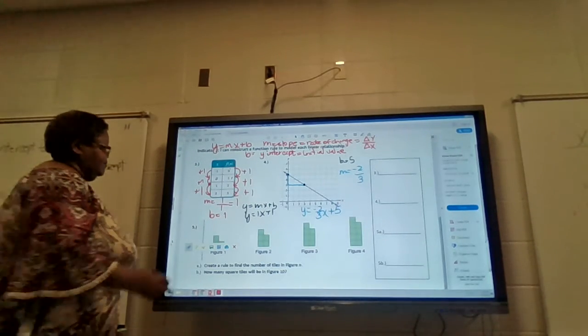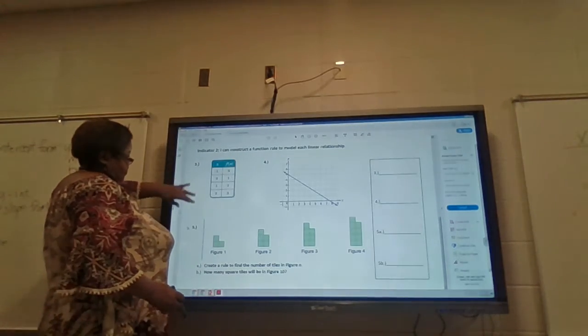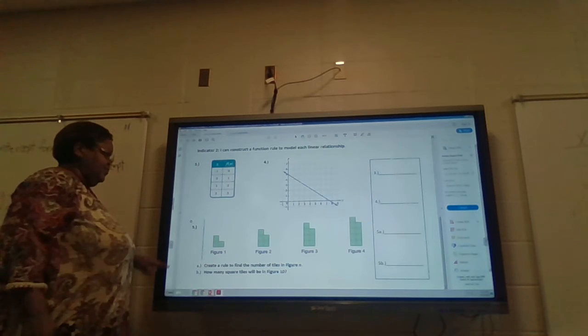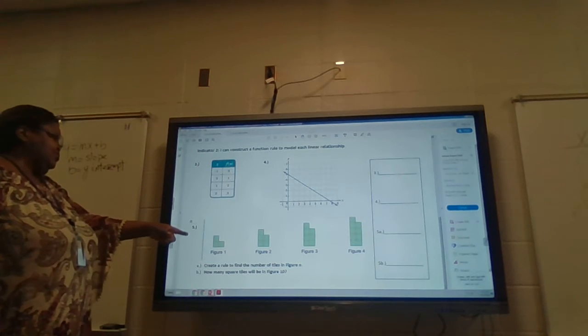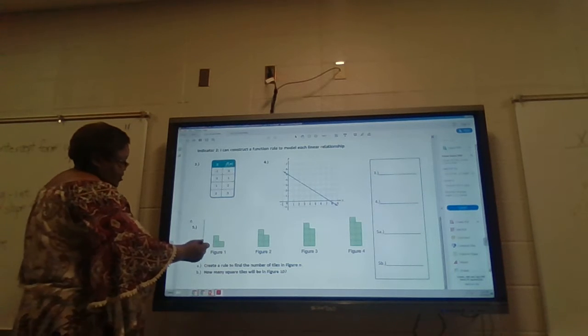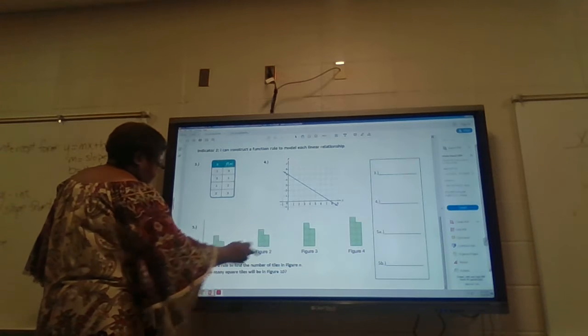Okay, I'm going to clear all of this. You can pause the video if you need to go back and look at it. So now we have a figure 1, 2, 3, and 4, and we need to do a table. So we're going to call this x equals 1, x equals 2, 3, and 4.